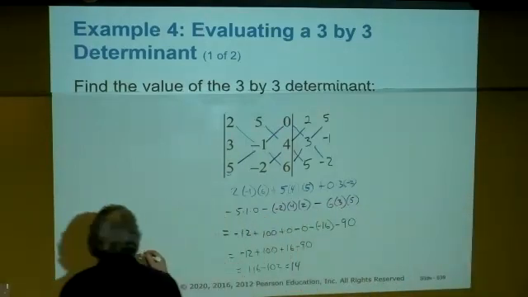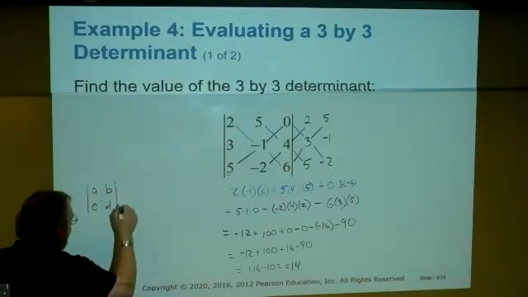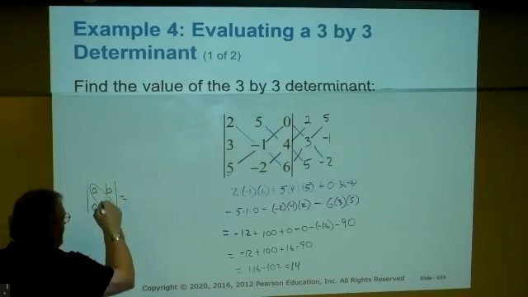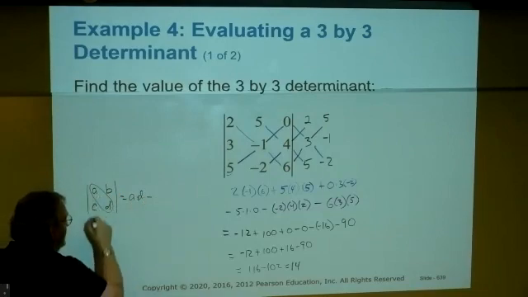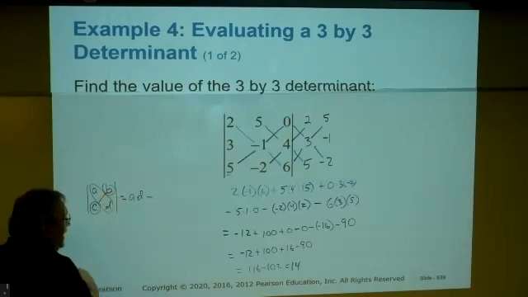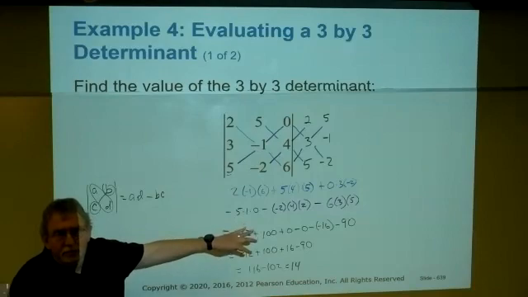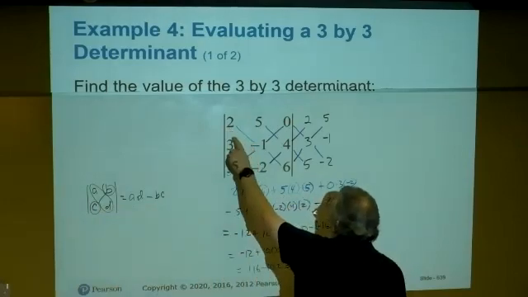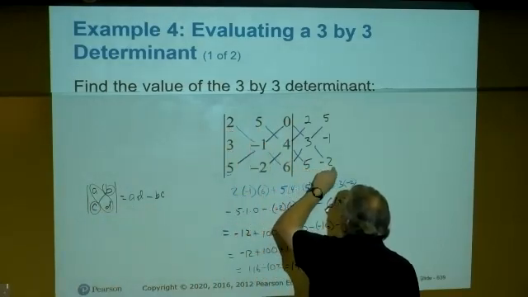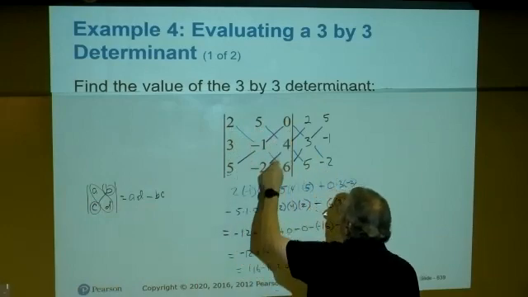Because if you remember on a 2 by 2, where we have A, B, C, D, and we're taking that determinant, we're multiplying the main diagonal, AD, and we're going to subtract the product of the other diagonal going in the opposite direction, BC. That's exactly what we're doing here. We're adding in the products of the diagonals going in the main direction, and we're subtracting the products of the diagonals going in the opposite direction.